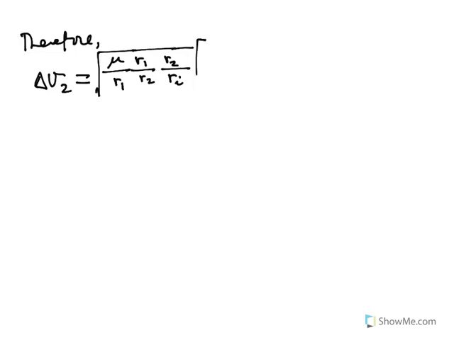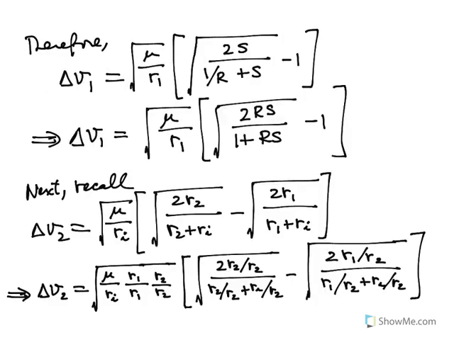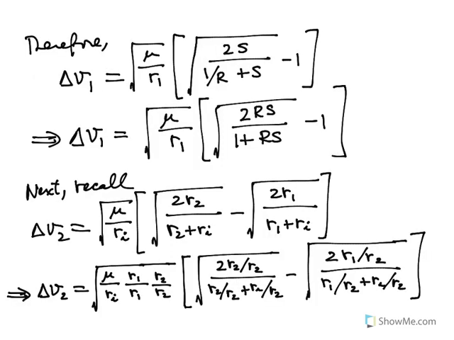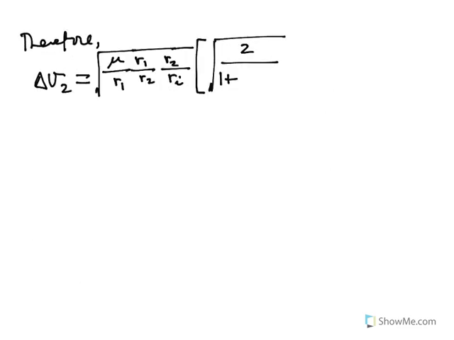The inside winds up simplifying to the first fraction. I get 2 all divided by, well, I've got 1 plus Ri over R2, so that gives me 1 plus S. So let's move this over a little bit so that it's a little bit easier to read. 1 plus S, and then I get minus the square root.